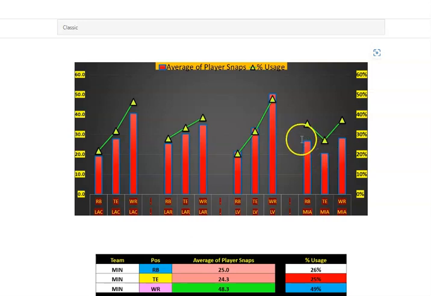Miami, look how balanced that is. That's almost the same with the running backs and the wide receivers. I think they could be even more efficient with their wide receivers if they could turn this around a little bit. So, I mean, Miami's been doing well, no doubt, but I'm just not a big fan of this pattern here.